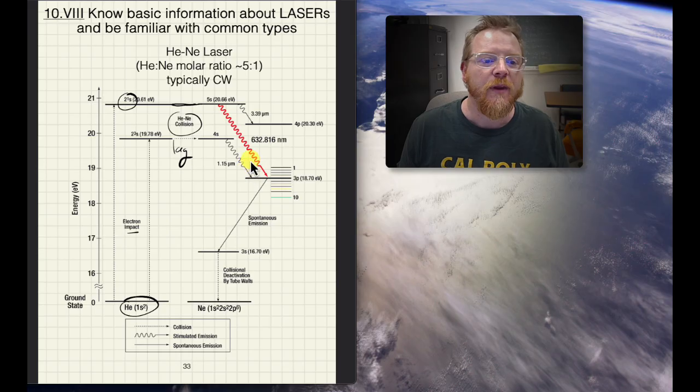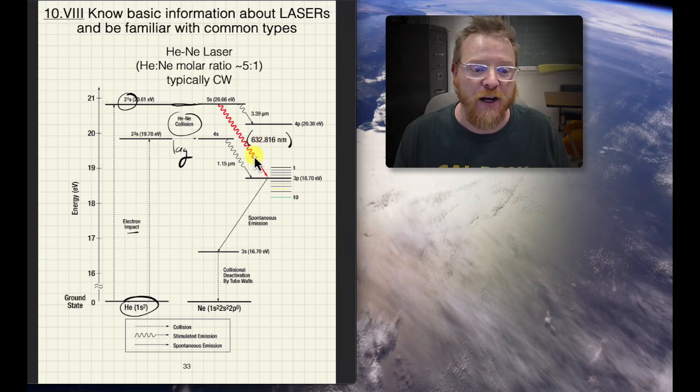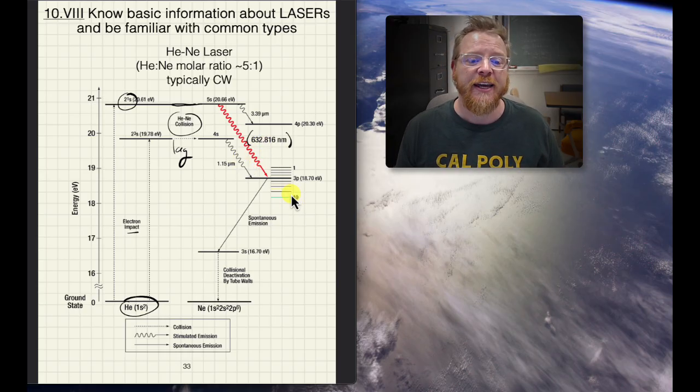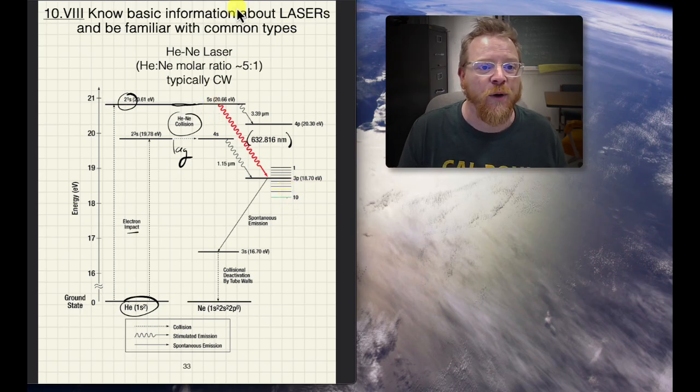atoms. And now you can see for most helium-neon lasers, the resonant mode is given from this 5s to 3p transition, which gives you 632, that beautiful red color. But some of the more sophisticated helium-neon lasers can give you a green line or a yellow line or an orange line.